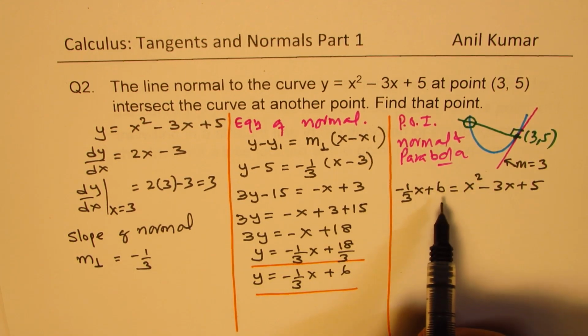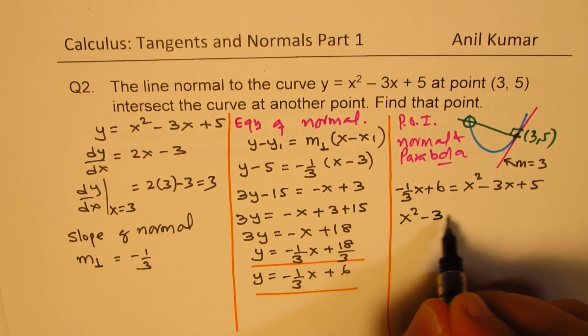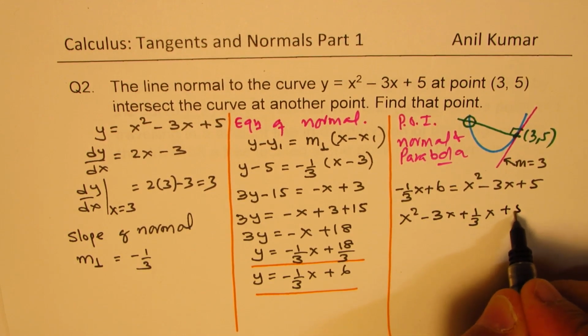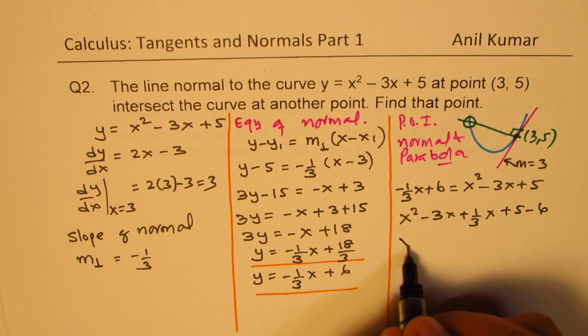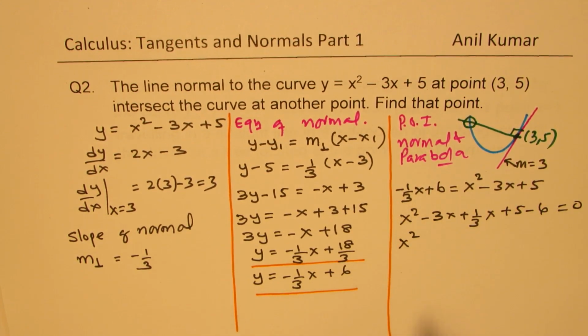Bringing all the terms together, we have x squared minus 3x plus 1/3 x plus 5 minus 6 equals 0. We brought all those terms to one side.